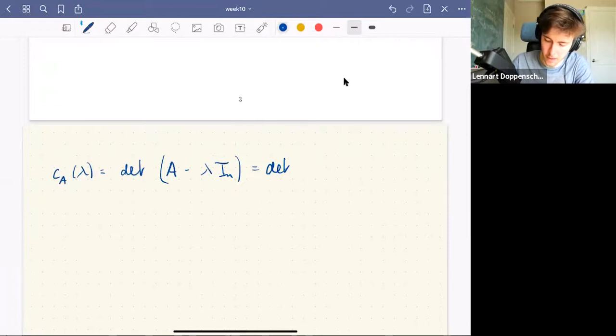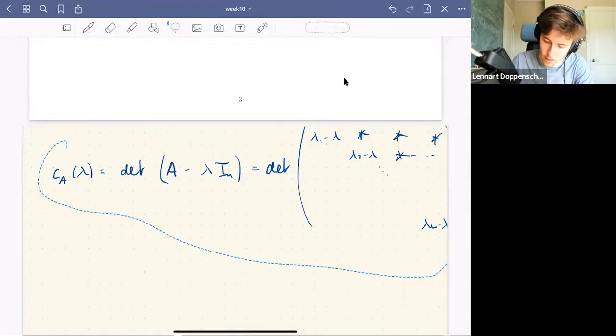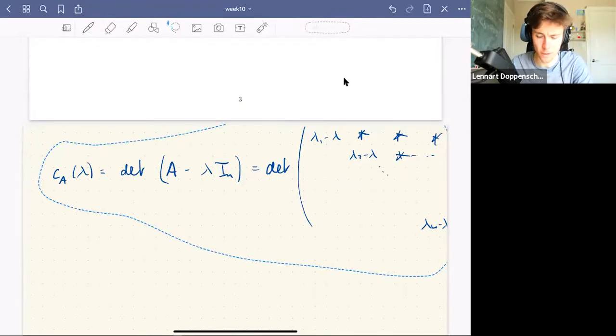But now we see that this is really the determinant of the matrix with diagonal entries lambda 1 minus lambda, lambda 2 minus lambda, all the way to lambda n minus lambda. We don't really know what's here, but it doesn't matter. These will not matter in the computation. So how do we compute this?